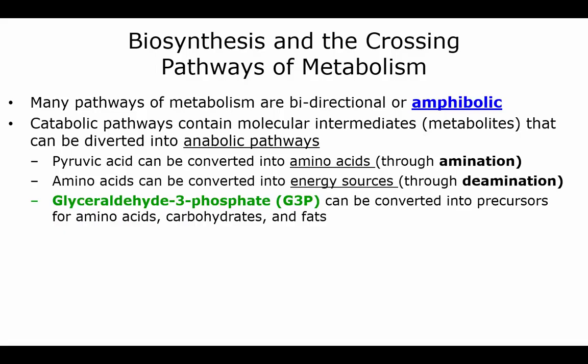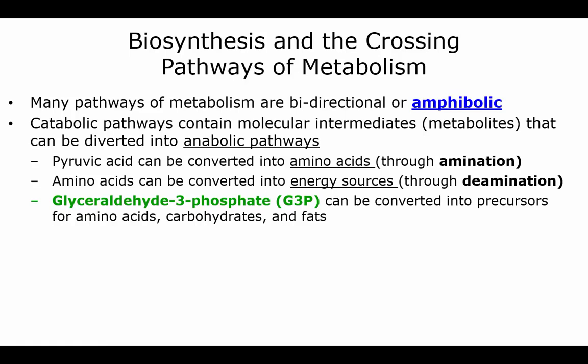Now, one last objective that we see in Chapter 8 is to define what's called amphibolism. Okay, so one of the things that we notice about these 3 pathways is that they produce a lot of products, right? They're not all the end product. There are some products that are produced in between from one step to the next.